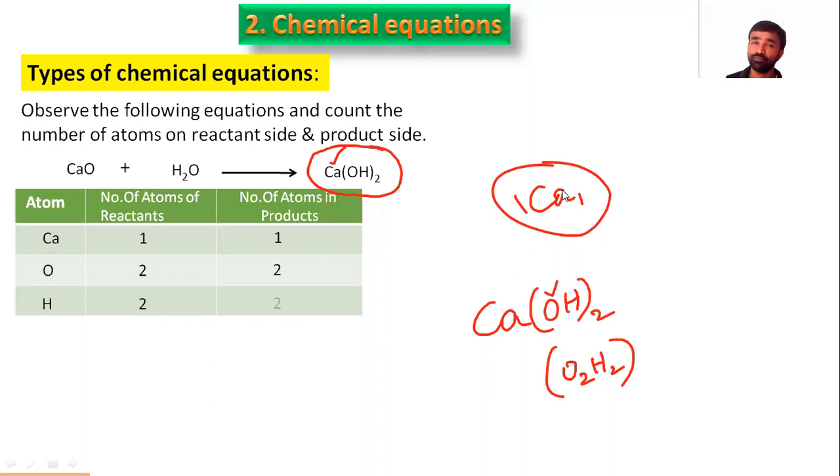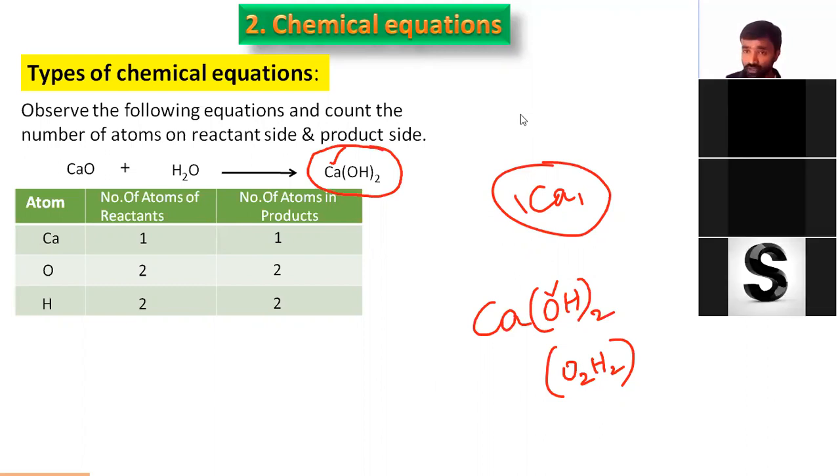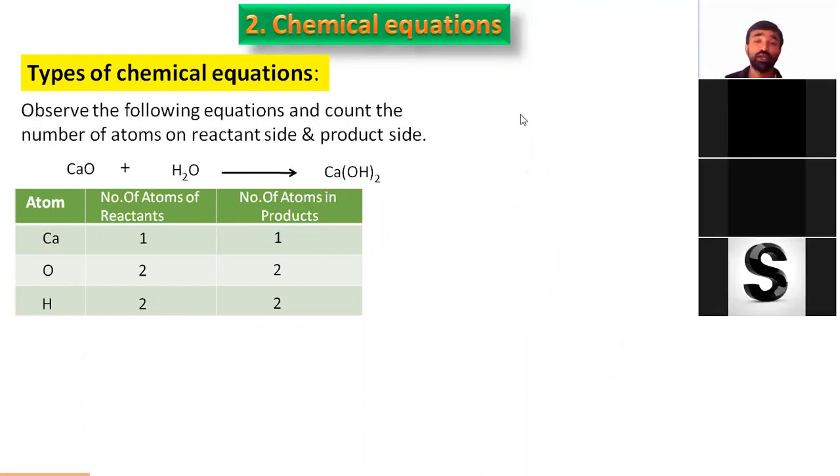So like this, we will count the number of atoms on LHS and RHS. LHS means left hand side, that is the reactant side, left side of the arrow. Right hand side is the product side, right side of the arrow.